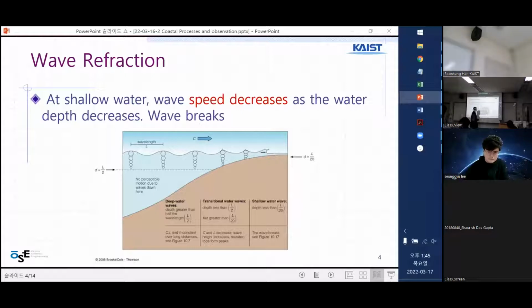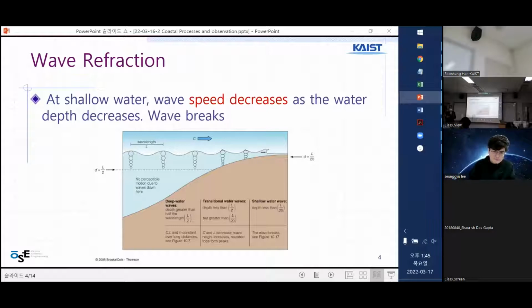See, this one shows water particle movement. So the water particle is rotating, not moving. The wave is moving. Water is only circulating. Not staying there, but almost staying there.